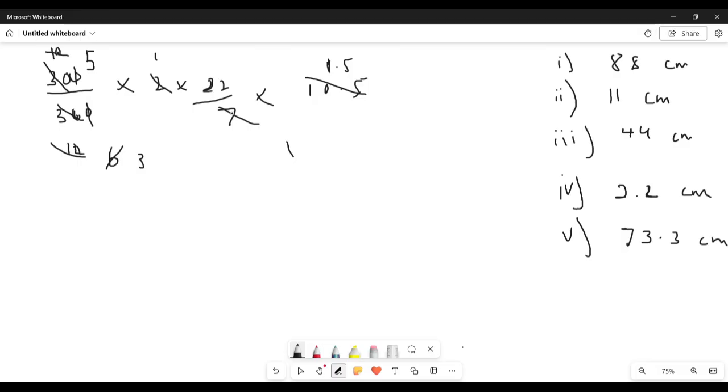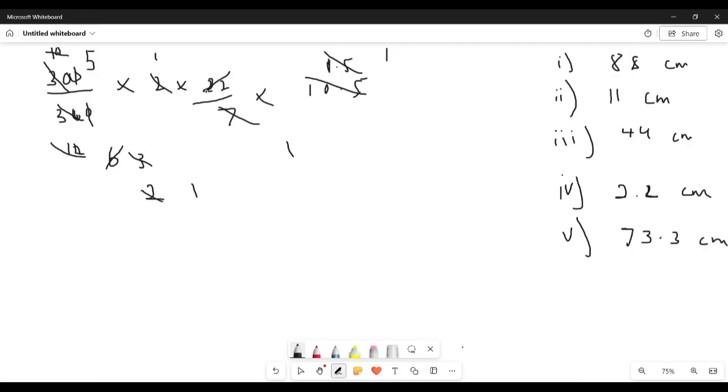If you know such calculations, then it's easy for you to cut down the decimals. You can still cut this from here. See, 1.5 times 2 is 3.